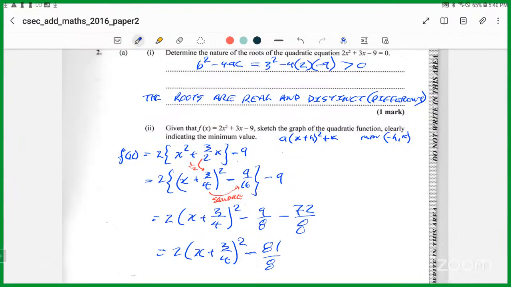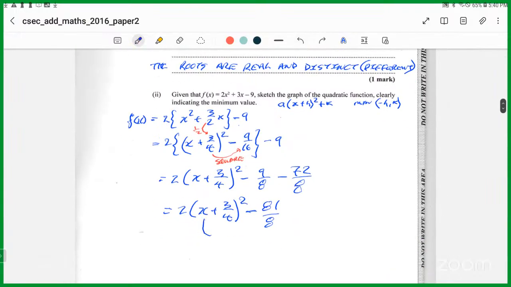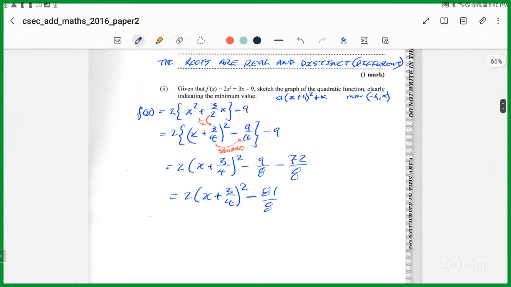So this is a minimum value because of the negative, and it's minimum when x is negative that. So f of x becomes equal to this when the bracketed term is 0, so it's when x equals negative that. We can write it out here.